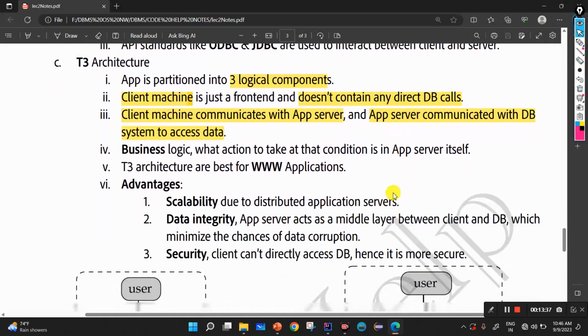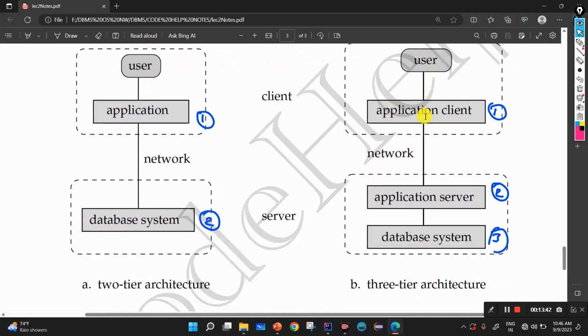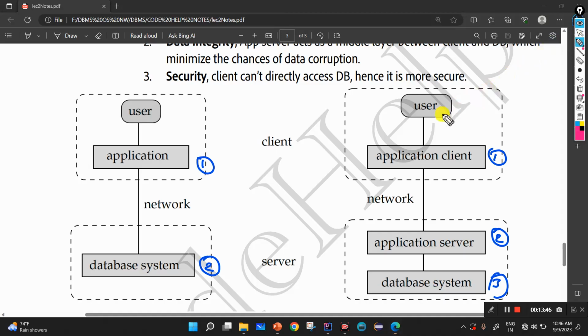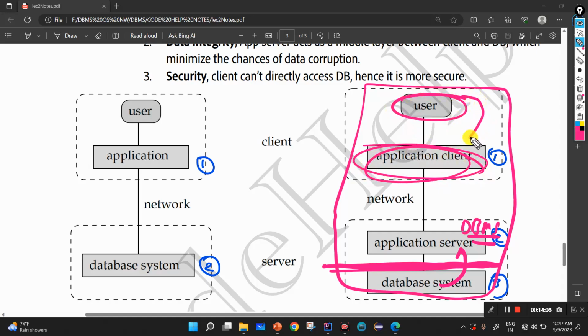Now tier 3 has three machines. Let me explain: user, application client, and application server. This is our database system. You can say this is our DBMS, and the application server is connected with it. Then there is the application client, and our user interacts with the application client, which interacts with the application server.